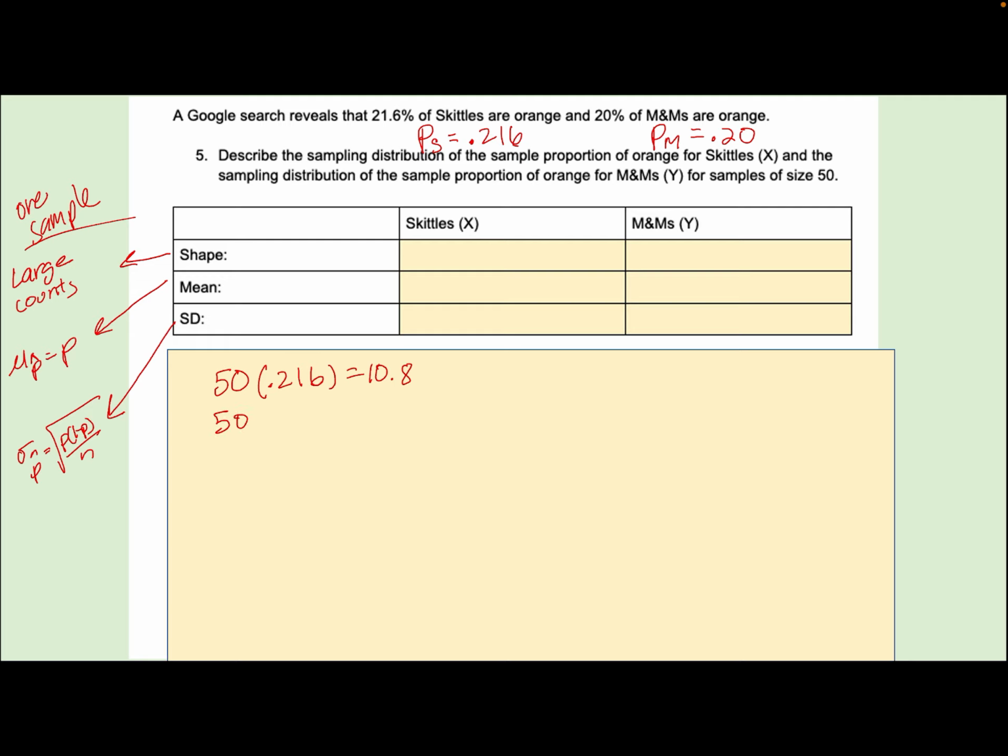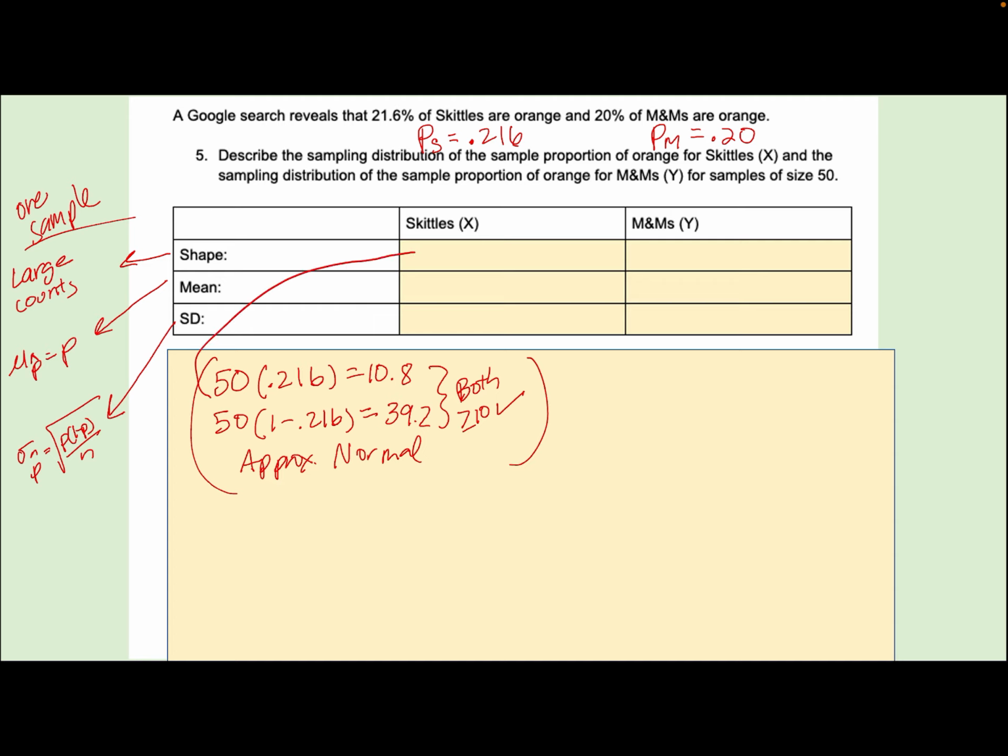For not orange, that's 1 minus 0.216, also times 50, which is 39.2. Both are greater than or equal to 10. And so what that tells us about the shape is that it's approximately normal. This is what should be going right up here.